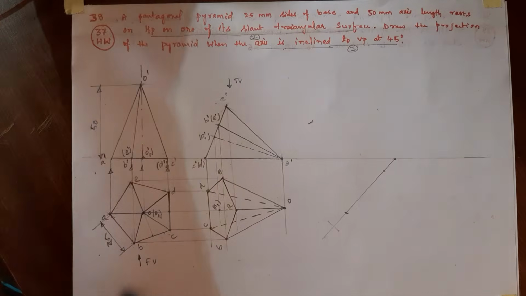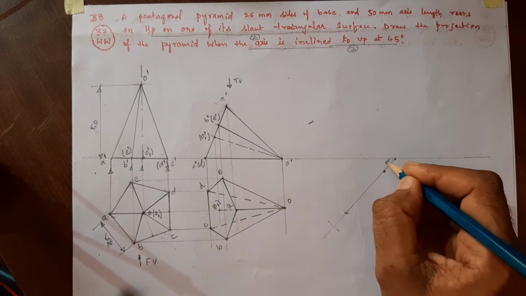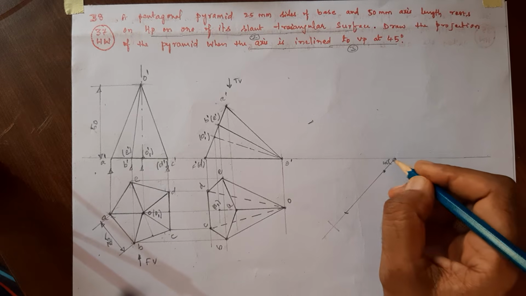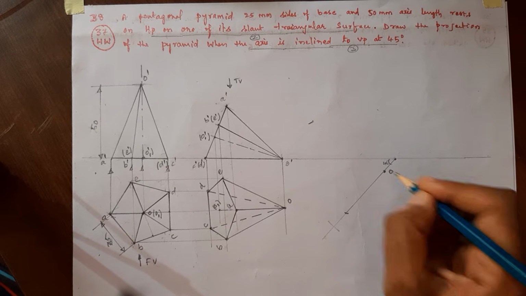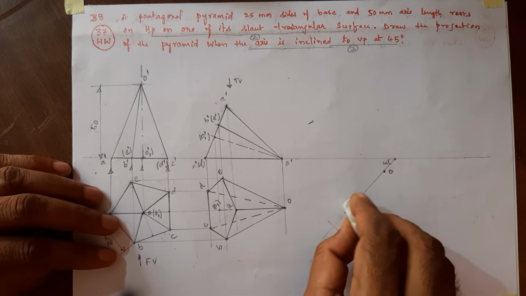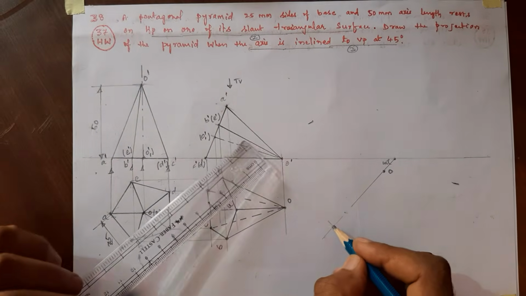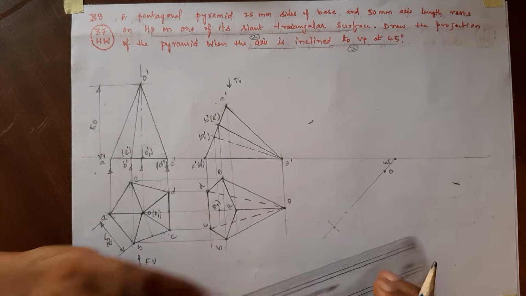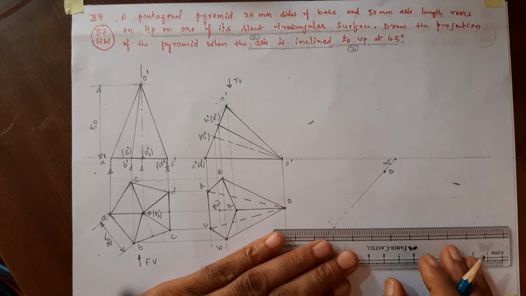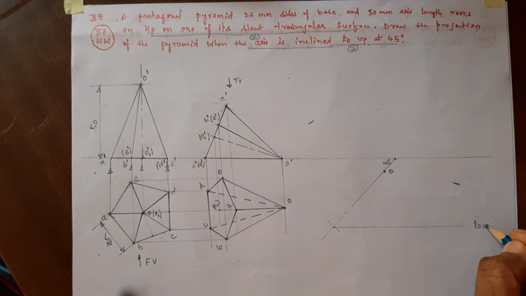Now this point is O and the angle is 45. Then through this point draw a horizontal line which is parallel to the XY line, which indicates the locus. Now this is the locus.